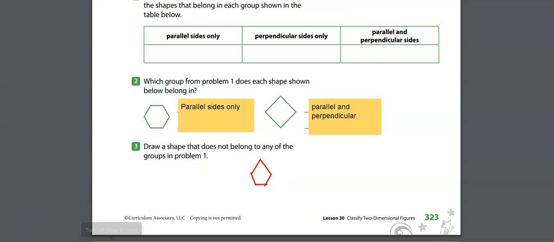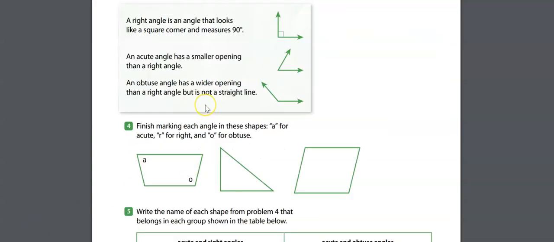Now let's move on to our next question. So question 4 says, finish marking each angle in these shapes. A for acute, R for right, and O for obtuse. Now let's take a look and see what these terms actually mean.